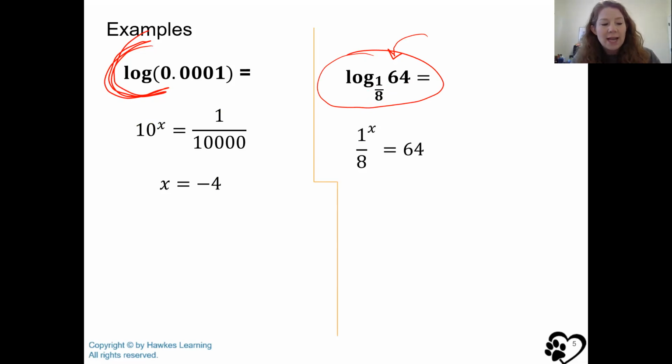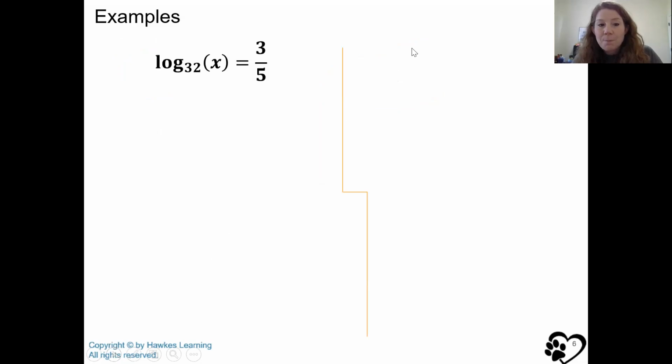Log base 1/8, and in parentheses, you're going to put 64, and it spits out the answer -2 for you. But unfortunately, this awesome calculator that I do love, you can't do it on that one. But I'll show you in our next class how you would do that problem with a calculator. So no matter which calculator you have, it's good to know how to do this by just figuring out the answer on your own.